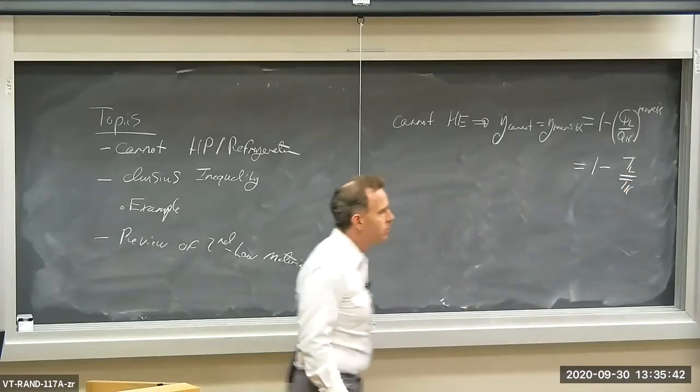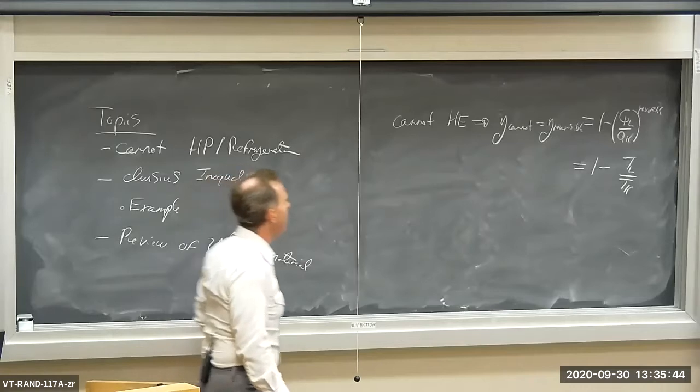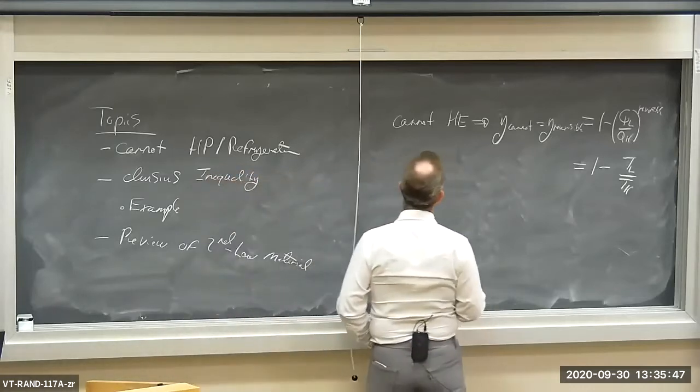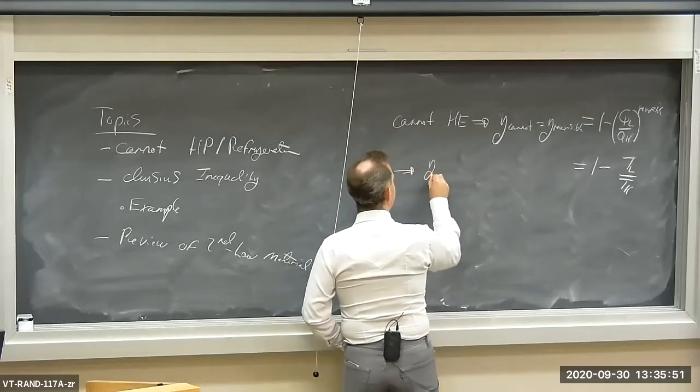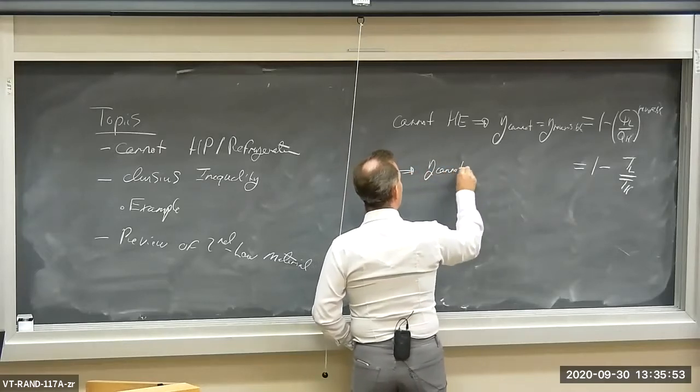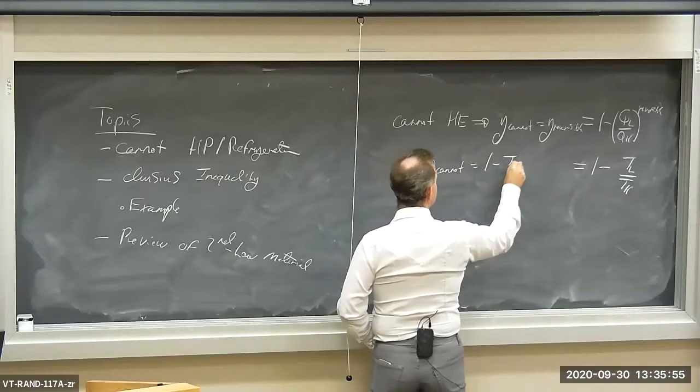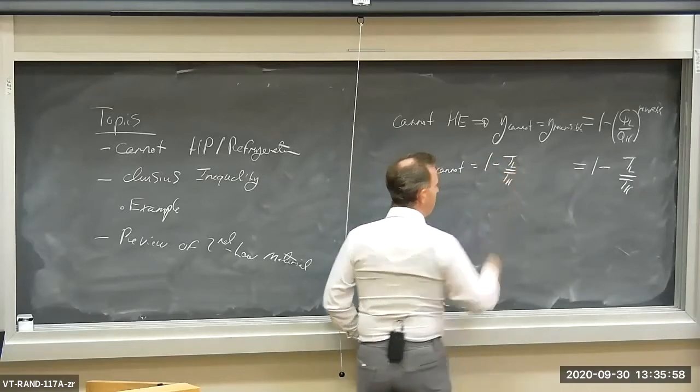So remember, the efficiency for a Carnot heat engine, very similar, very simple expression. So eta Carnot or eta reversible is 1 minus T low over TH.